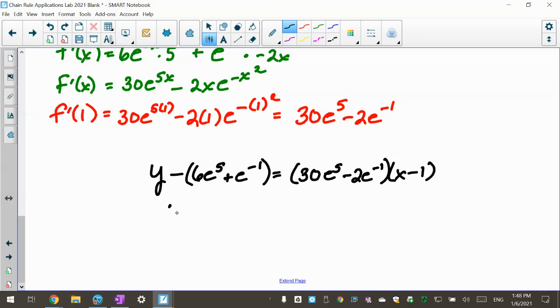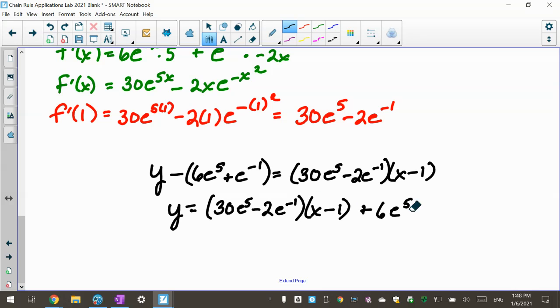And you can move that over there and say y equals this. Which is not pretty. But if you were to go through and multiply this out, you will get what we found on our tangent line.